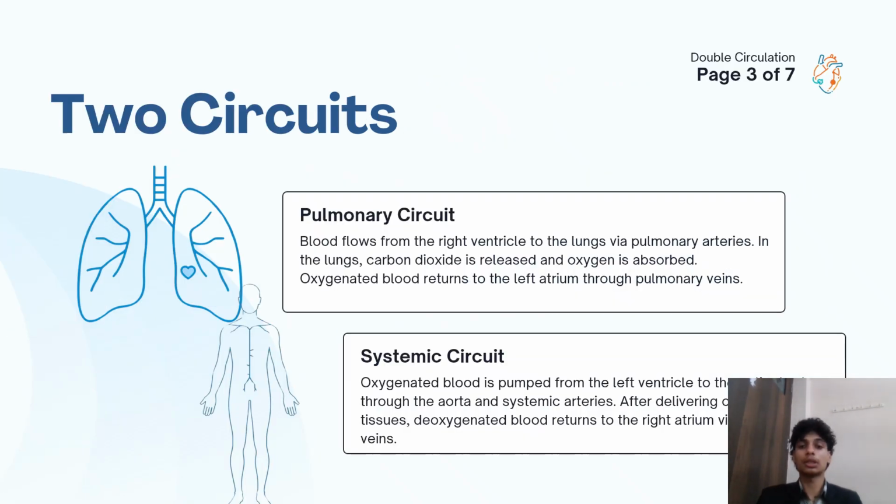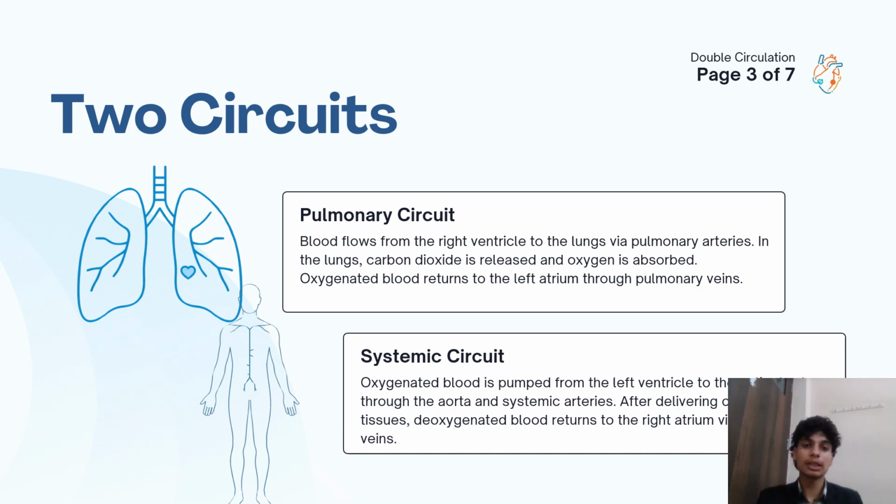So these are the two circuits: the pulmonary circuit and the systemic circuit. In the pulmonary circuit, blood flows from the right ventricle to the lungs, as I told you by the diagram. In the lungs, CO2 is released and oxygen is absorbed. So this is the main point.